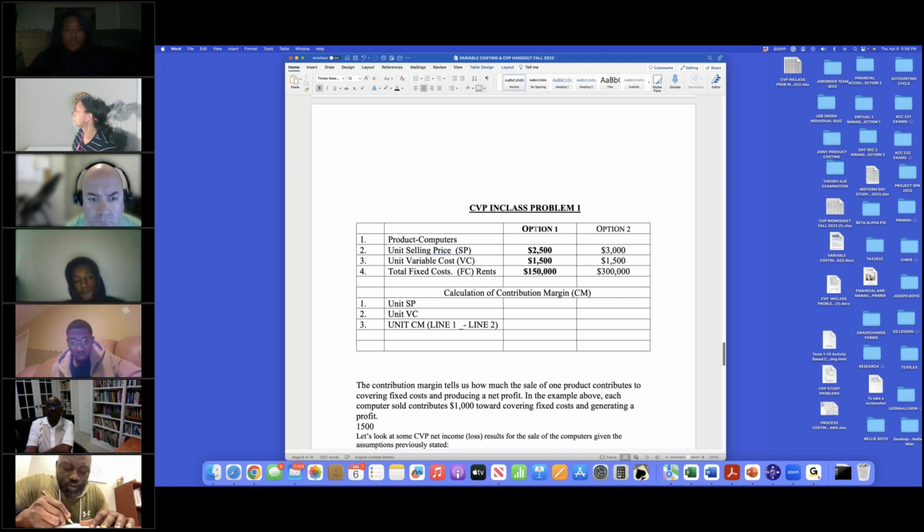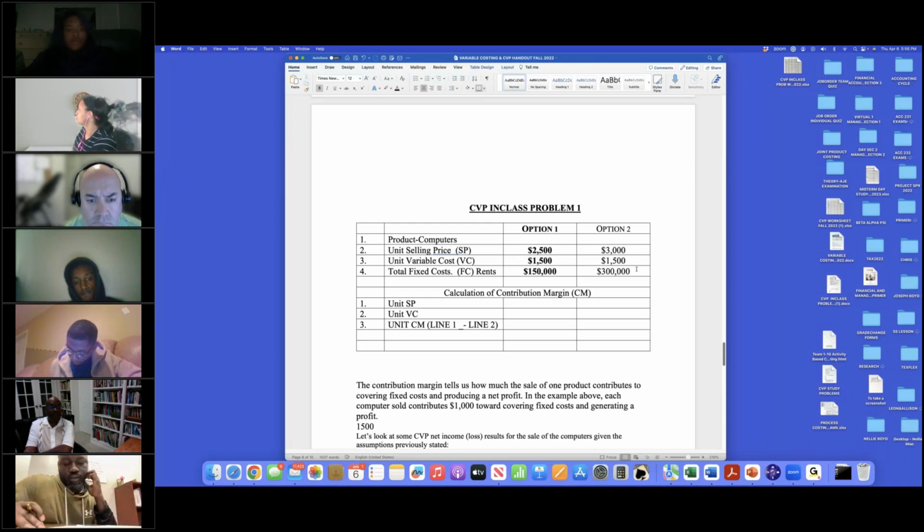So these are our assumptions: selling price, variable cost, and the given fixed cost. That will be pretty easy to calculate. So take your picture, memorize: selling price 3,000, unit variable cost 1,500, total fixed cost 300,000.